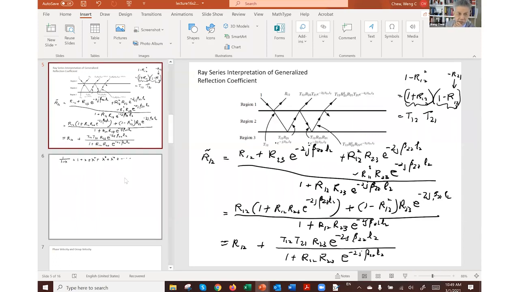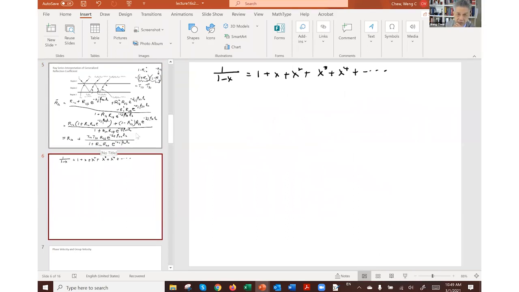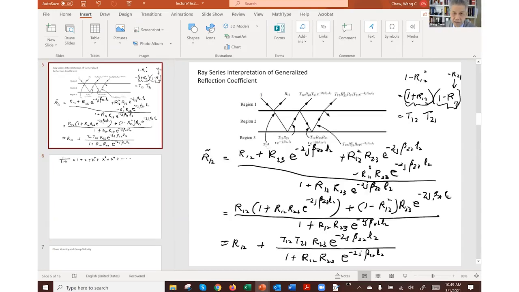I will not do the substitution, but if you substitute in, you will see this ray series picture coming out. Sometimes you see echoes coming from a layered medium. What it says is that when you have a layered medium, you don't see a single reflected ray.